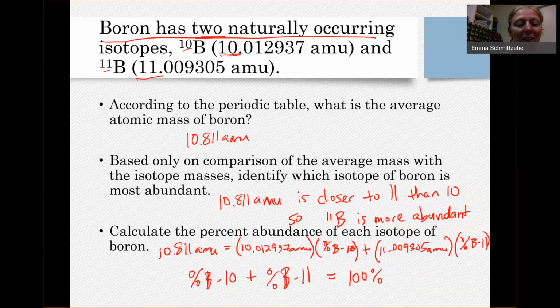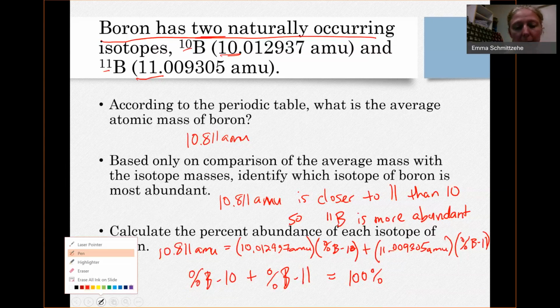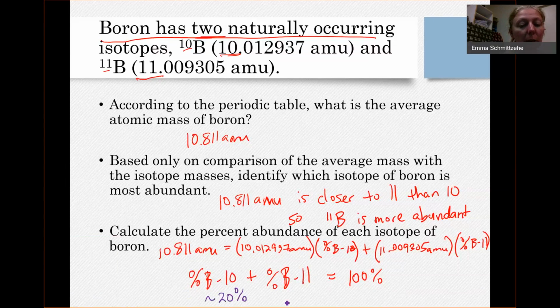I'll tell you what it's going to come out to: the boron 10 is going to come out to about 20%, and the boron 11 is going to come out to about 80%, if you went through and checked that. Like I said, that question is a little bit more challenging than you might really need to know, but it's a good check. Do you really understand what average atomic mass is?